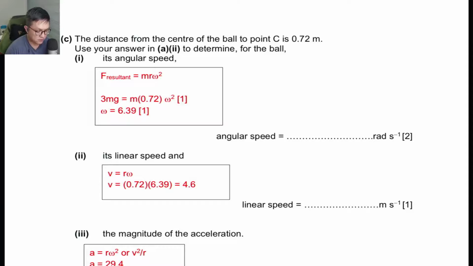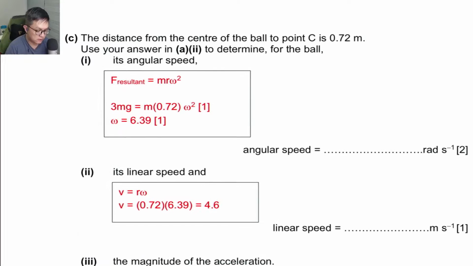Next, you're asked to work out the angular speed of the ball when you're given the distance 0.72 meters. So you know the resultant force is just your centripetal force. Remember, since the speed is constant, the centripetal force is also constant. So this one should be 3 mg. Then you just sub in the value.